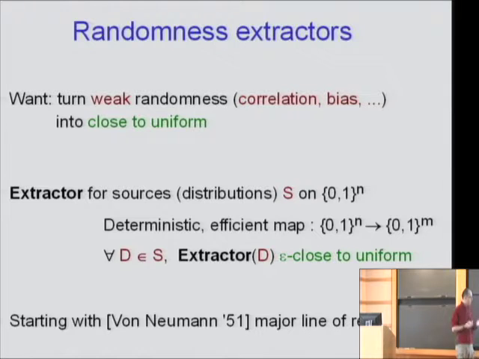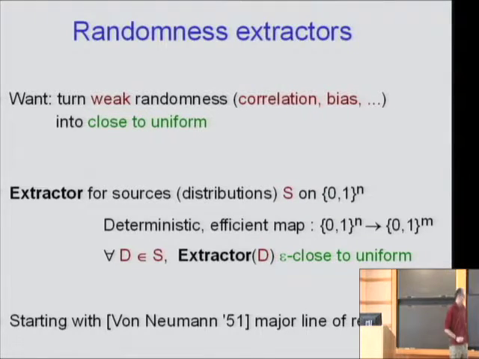This may be accomplished using an extractor, which, for a family of sources or distributions S, is just a deterministic efficient map, such that for every distribution in my class, if you plug a sample of that distribution into the extractor, you will get in output something which is very close to uniform.